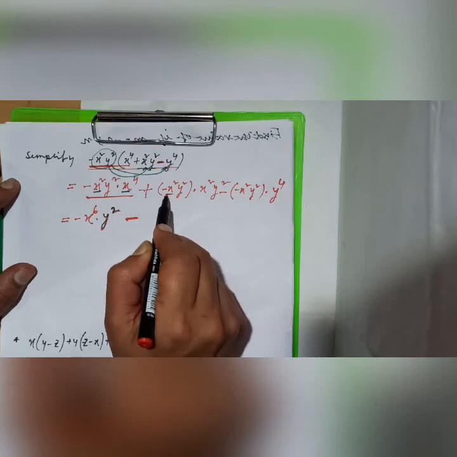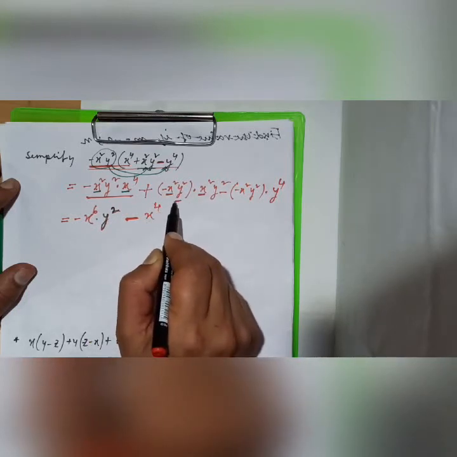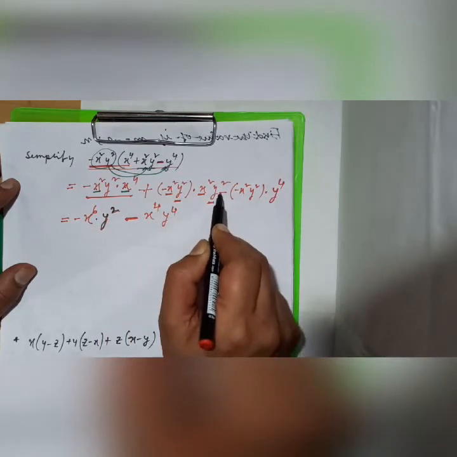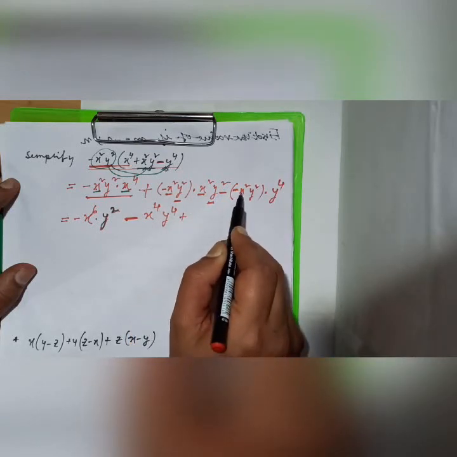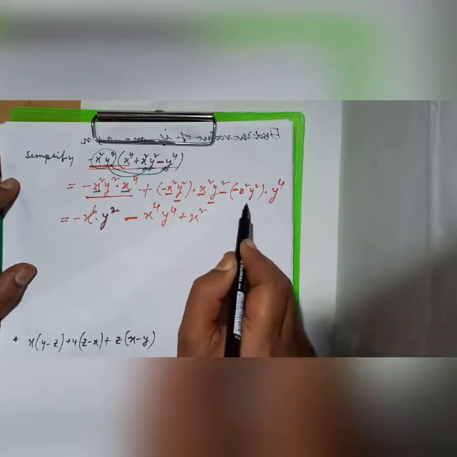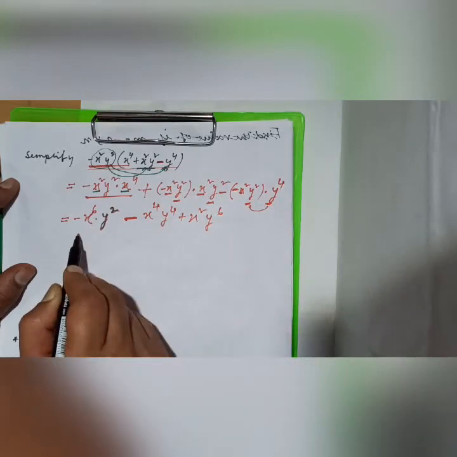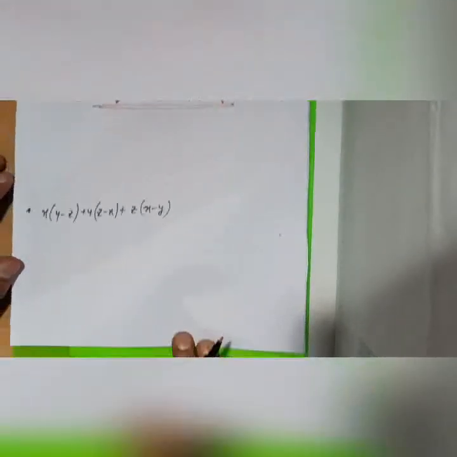X square will give you x to the power 4. Y square if you multiply you will get y to the power 4. Again negative becomes positive. X square, this one if you multiply it will give you y to the power 6. This is the answer.